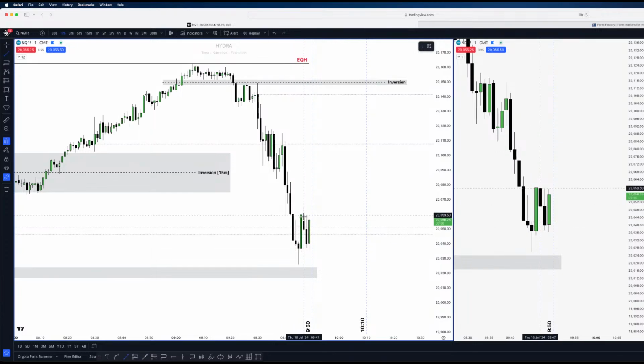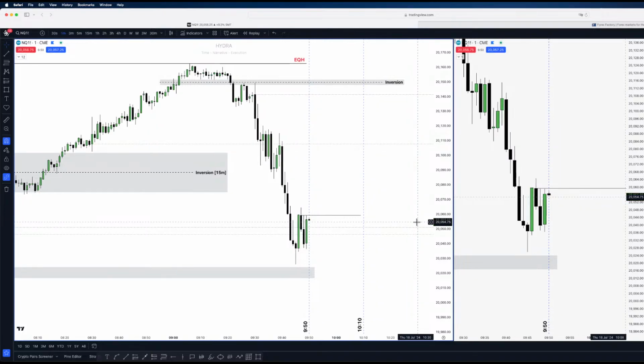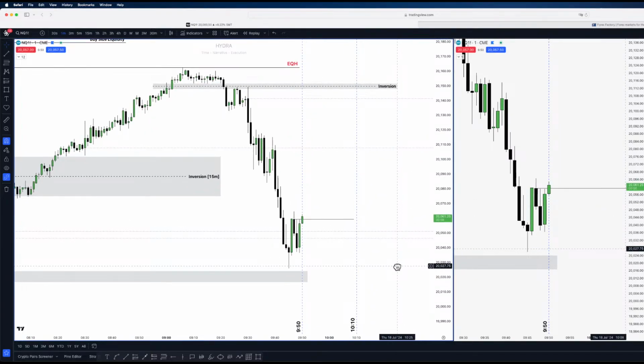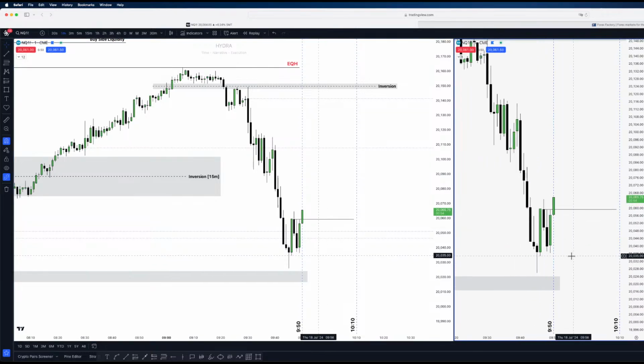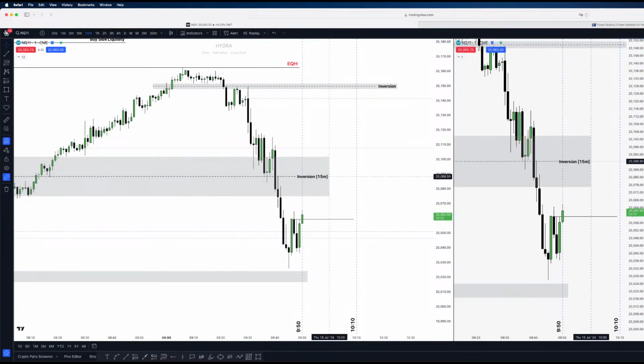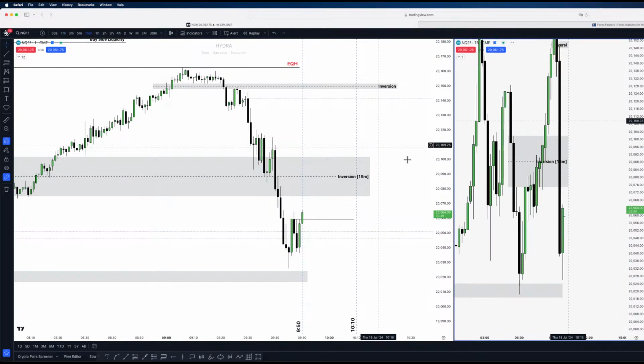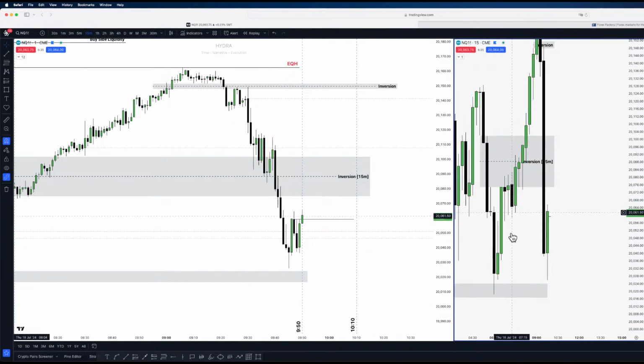Activating your order block. We have a small resistance here on the 50-minute chart. We have this area, a small breaker.